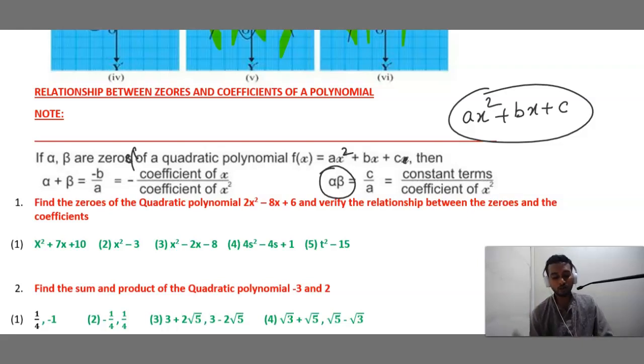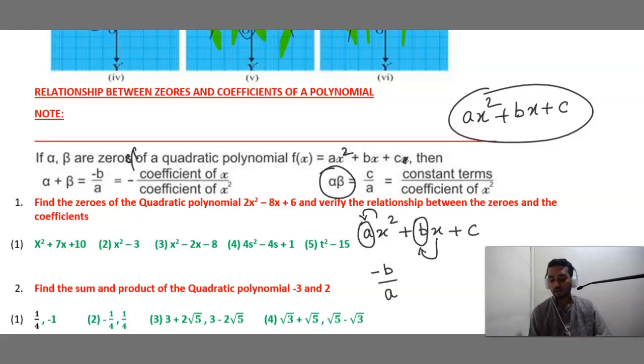Sir, how to remember this coefficient of x, coefficient of x square? Very simple, I will tell you. See here, children. We know that the standard form of a quadratic polynomial is ax square plus bx plus c. Is this clear? Now I told you the sum of zeros formula is minus b by a. What is this a called? Coefficient of x square. What is this b called? Coefficient of x.